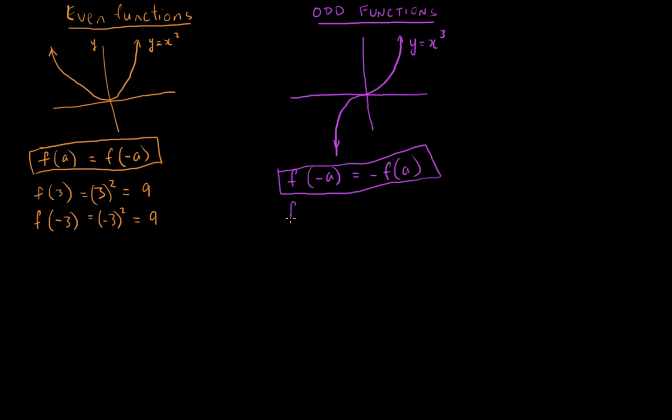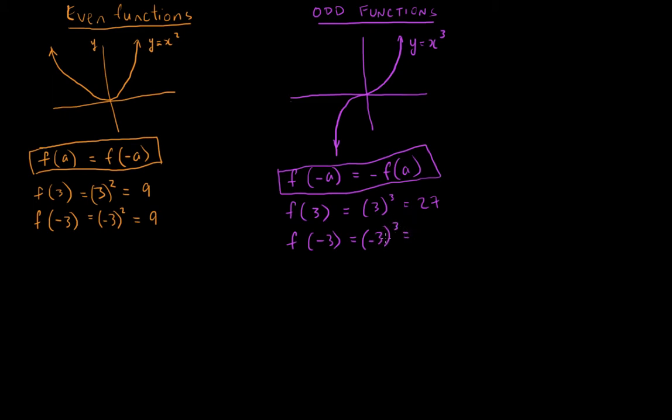Let's say I take the function of 3 again. This gives me 3 cubed, which is equal to 27. But if I take the function of the negative 3, put it in the x, it's negative 3 cubed.